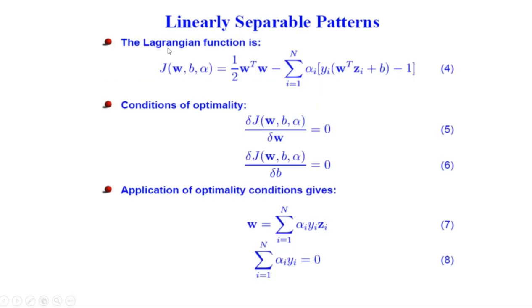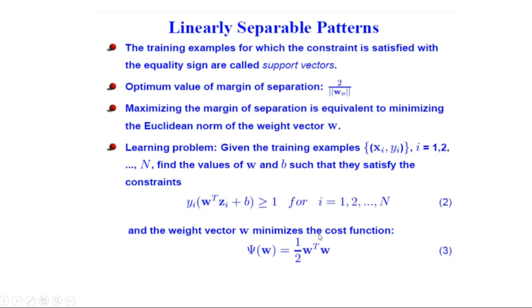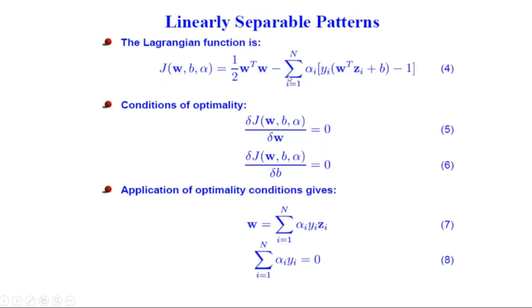So the Lagrangian function is given as J of W, B, alpha is equal to, so what you have to do is construct the Lagrangian function in terms of the cost function, 1 by 2 W transpose W. So you write it, and after that whatever constraints are there, you add as a negative, as a product of constraints.